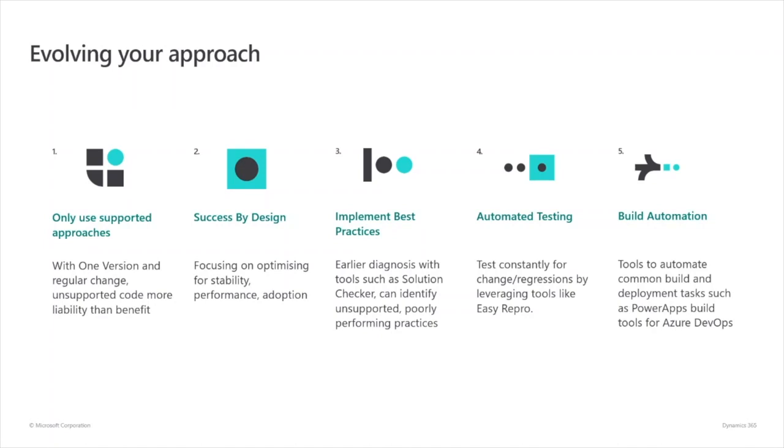So if you see a set of requirements where you're supposed to build an entity form with 20 subgrids on it, you need to go and question that. What is the impact on the usability of what you're trying to build? What is the impact it's going to have on the performance overall? And how will this solution be adopted by the end users?